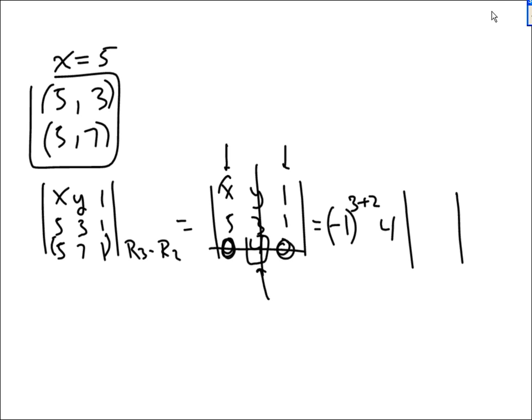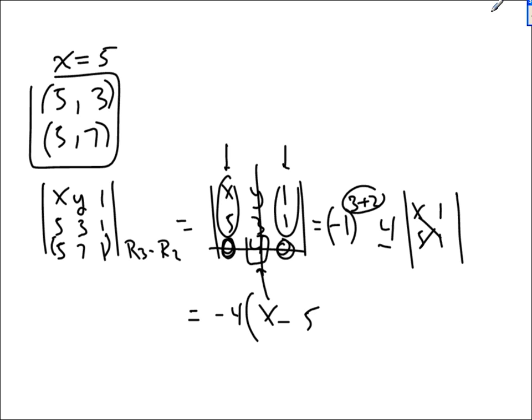The only thing that remains is x, 5 and 1, 1. Okay, that's an odd number. -1 to the 5 is -1, times 4 is -4, times this determinant, which is x minus 5.